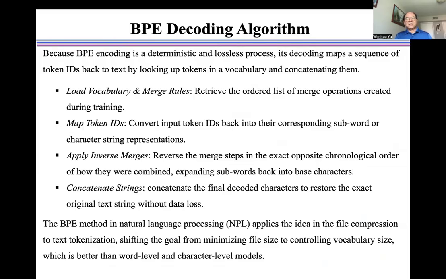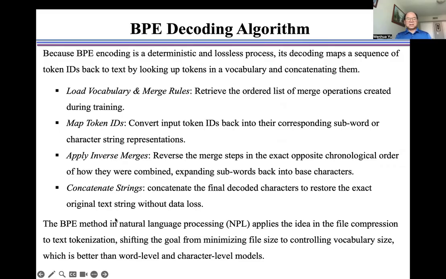Then convert input token IDs back to their corresponding subword or character string representations, and then reverse the merge steps in exactly the opposite chronological order of how they were combined, expanding subwords back into the base characters. Finally, concatenate the decoded characters to restore the exact original text string without data loss.